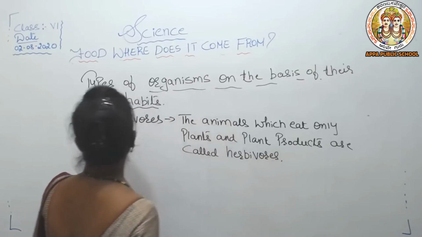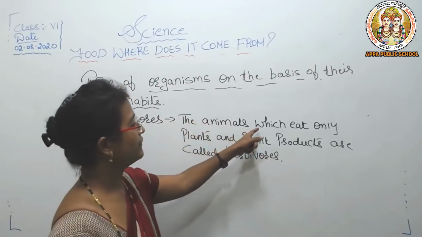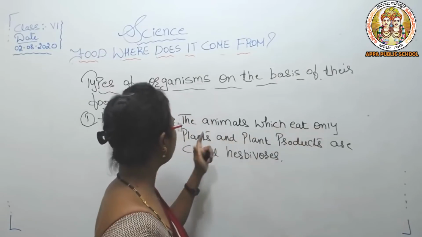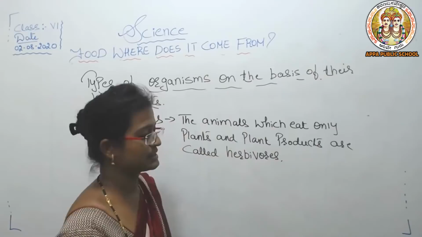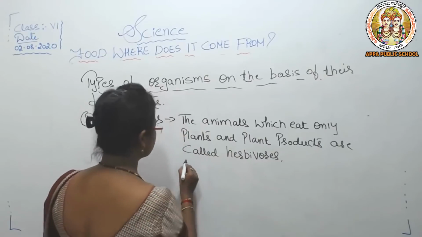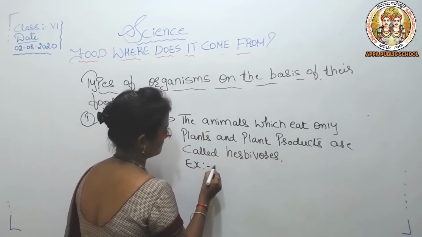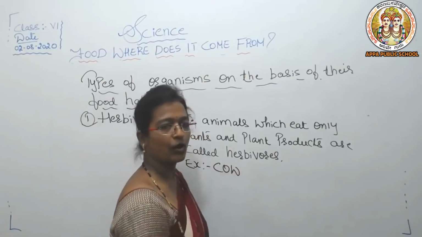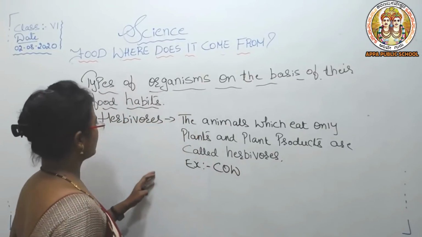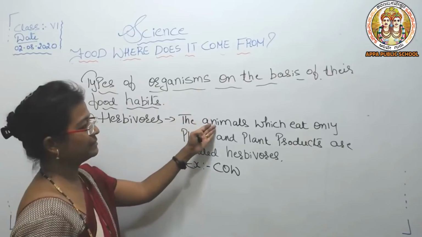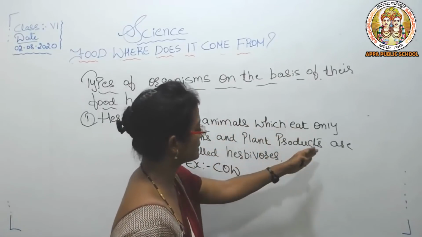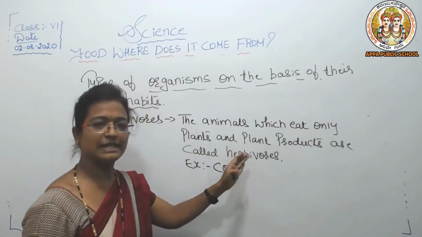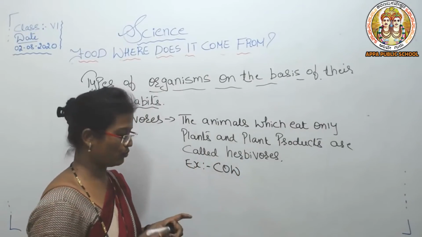So what do we call the herbivorous? The animals which eat only plants and plant products are called herbivorous, and the example for this is cow. Let me revise once again. Herbivorous, the animals which eat only plants and plant products, and the example is cow.